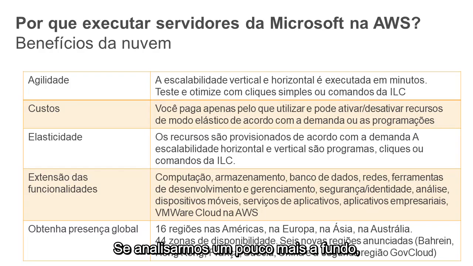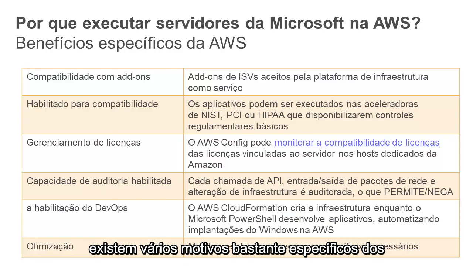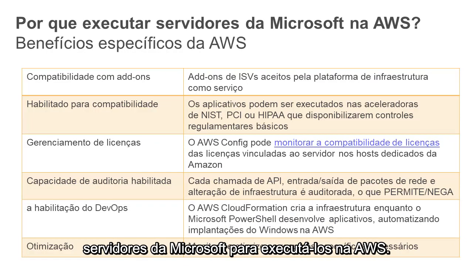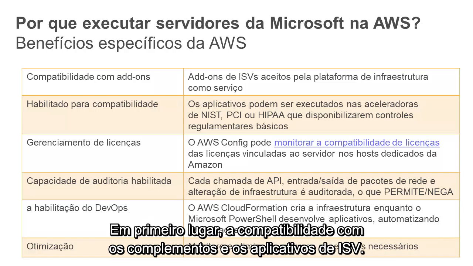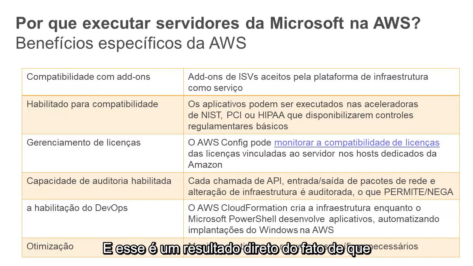And if we drill down a little bit more, there's a number of reasons that are very specific to the Microsoft servers for running them on AWS. Number one is compatibility with add-ons and ISV applications. And this is a direct result of the fact that we're running the on-premises bits on AWS.